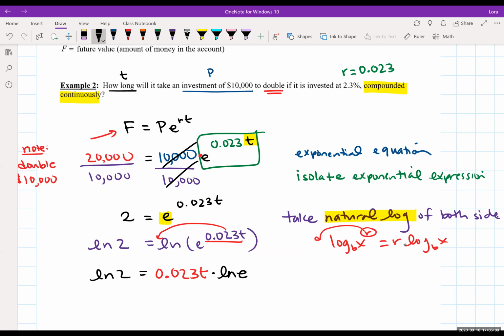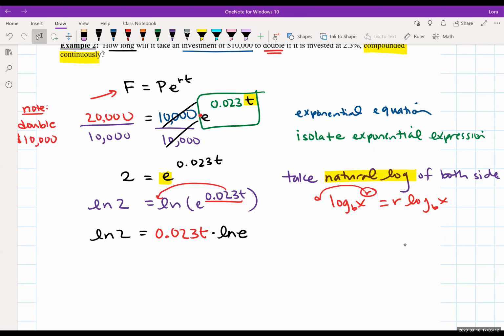And the next idea here, the reason why we took the natural log of both sides, is that ln e, ooh, I love this, natural log of e is equal to 1. So right away, that can get replaced. And what that essentially does is it's a little less complicated.